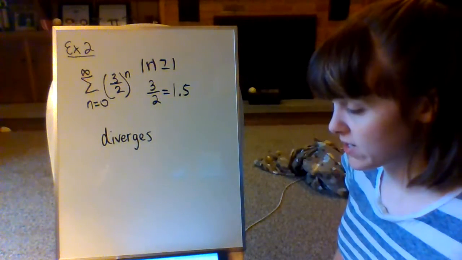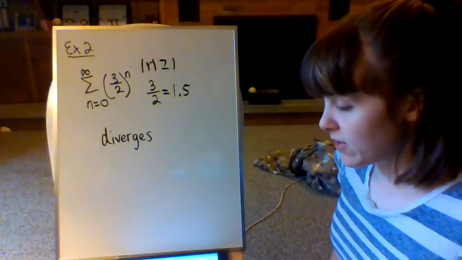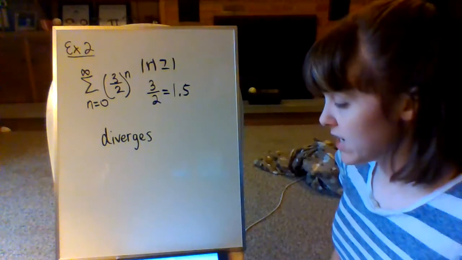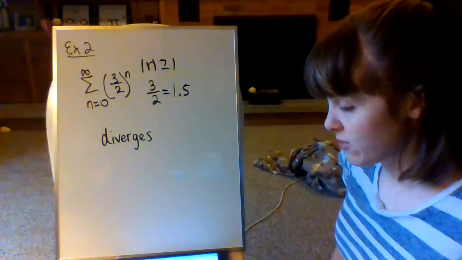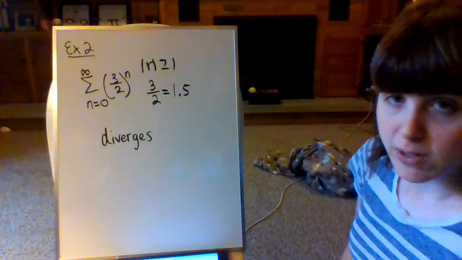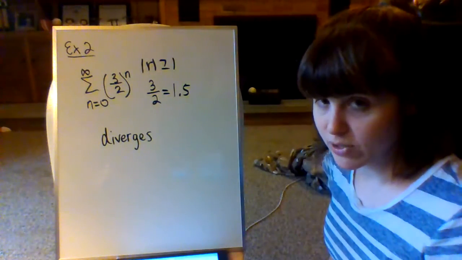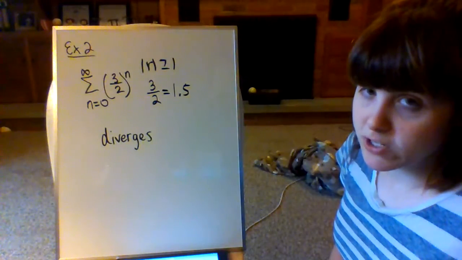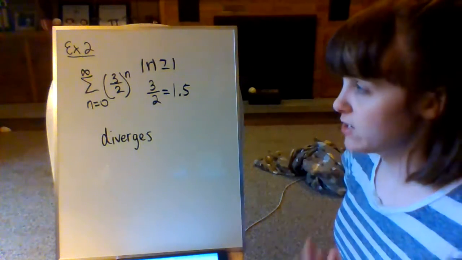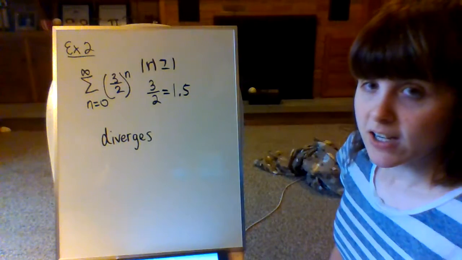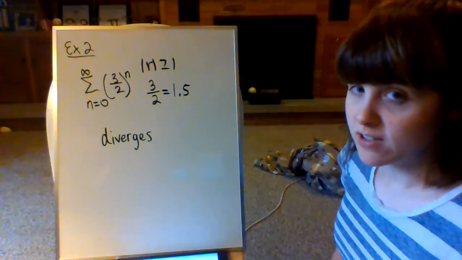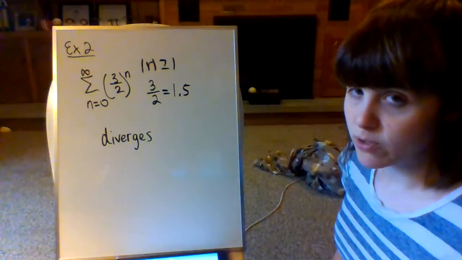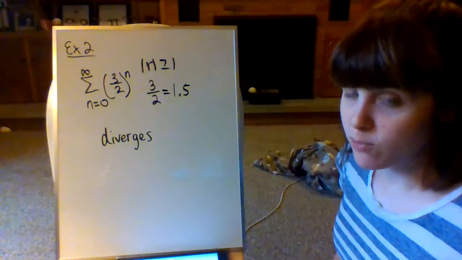Round your answer to the nearest tenth. If the absolute value of your r is greater than or equal to 1, it diverges. So if the number right before the exponent of n has an absolute value between 0 and 1, you say it converges, and then you do the formula. If it is greater than or equal to 1, you write it diverges, and you move on with your life.